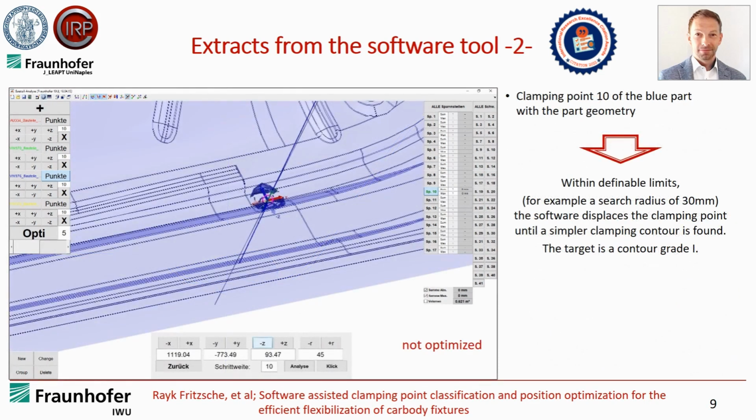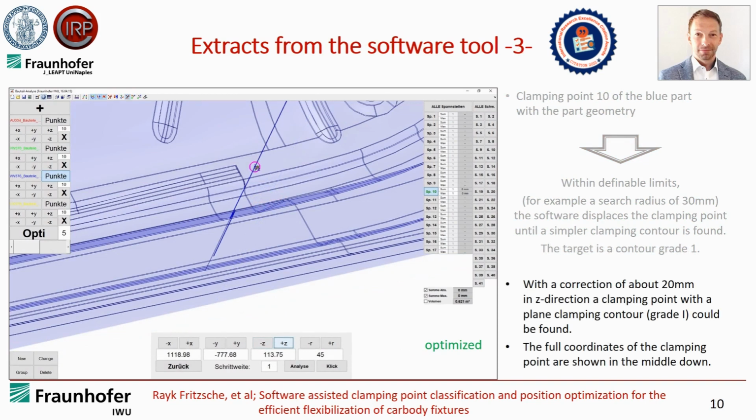Here we see clamping point 10, which is not optimized. It's the original clamping point with undefined limits. Here, for example, with a search radius of 30 millimeters, the software displaces the clamping point until a simpler clamping contour is found, and the target is a contour grade 1.